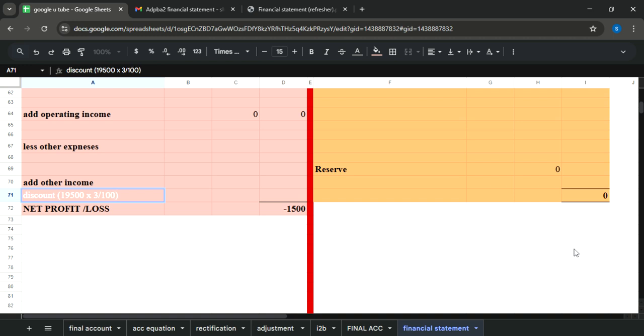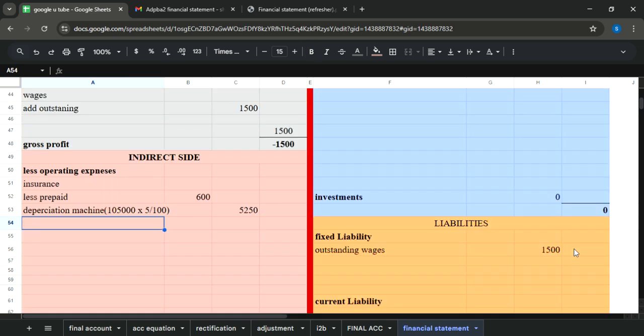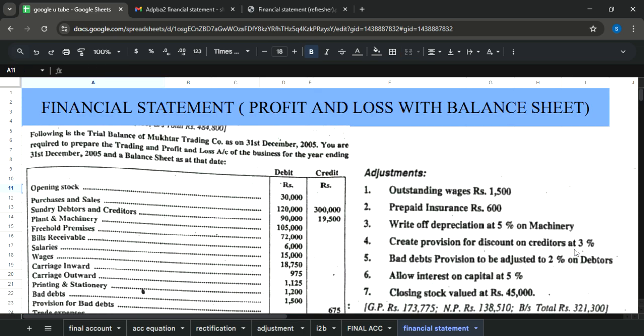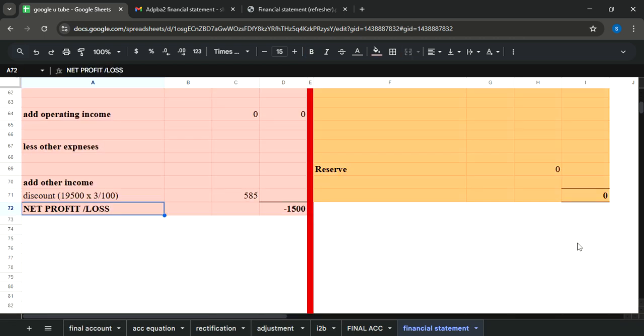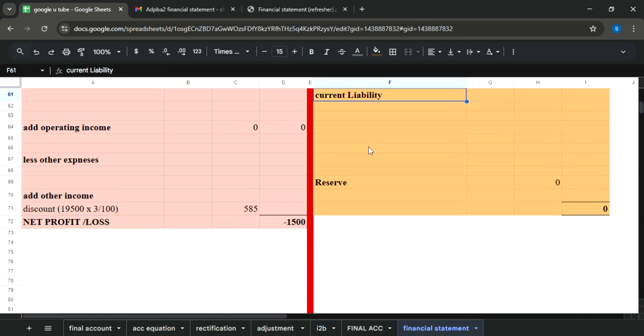Alright. So here you will put it on your calculator. 19,500, 3% you were supposed to calculate. Let it be checked again. Yes, it was 3%. Alright, next its second effect. Since it is a discount on creditors, it means creditors would be reduced.